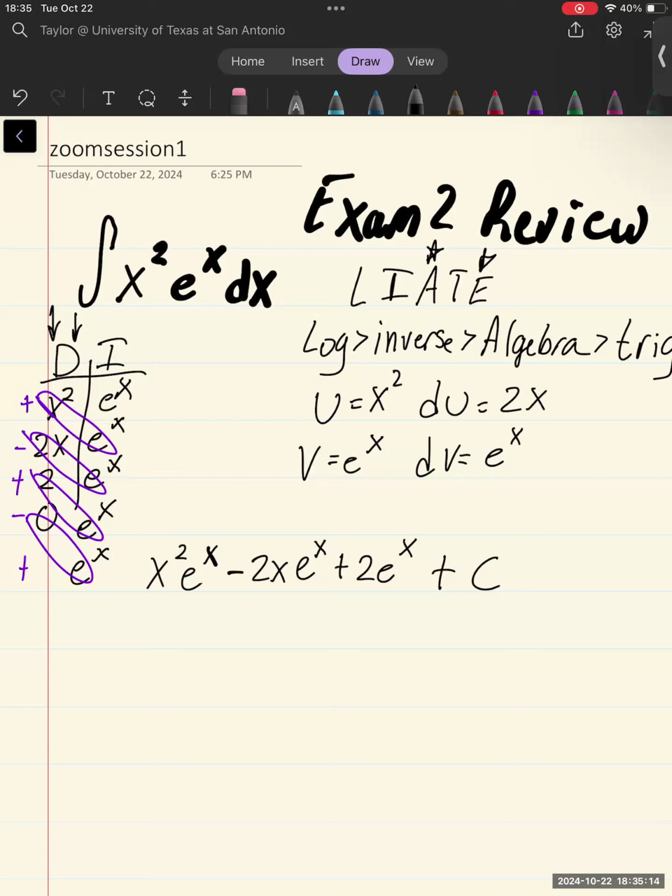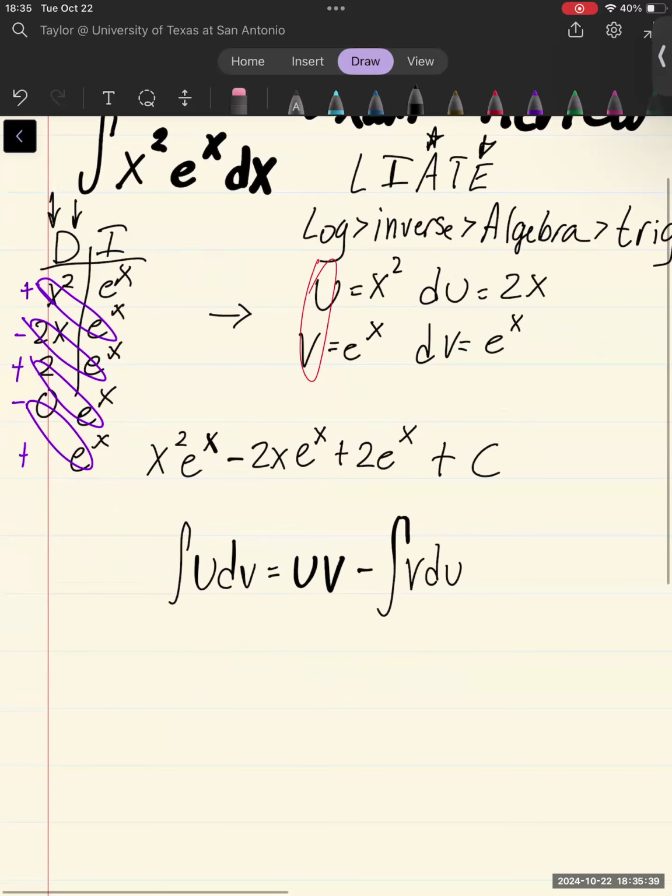What we do when we write our integration by parts like this is I'm going to take these two expressions and put them next to each other, or multiply them, because our integration by parts formula is given by the integral u dv equals u times v minus the integral of v du. Then we're essentially just going to plug and chug.